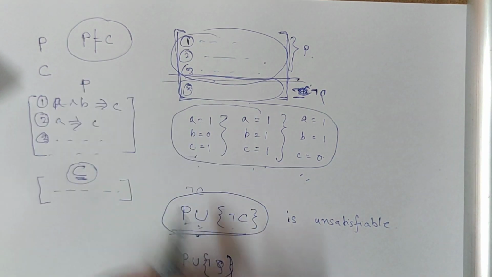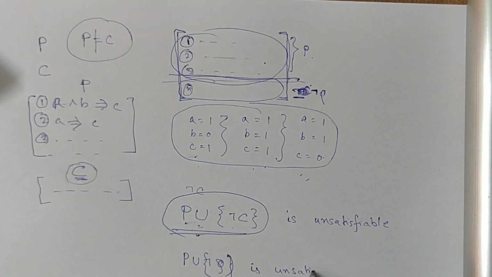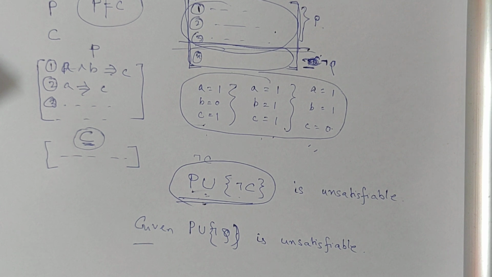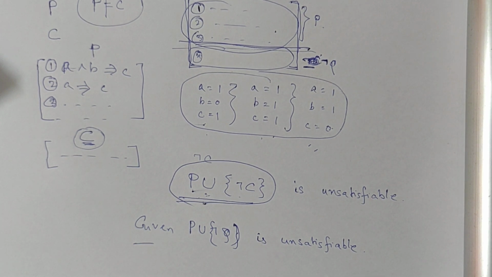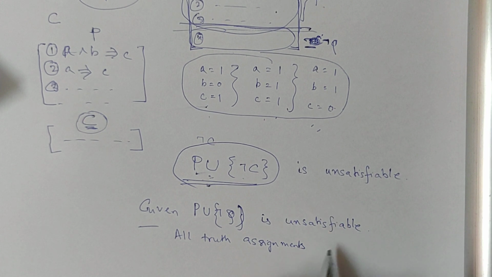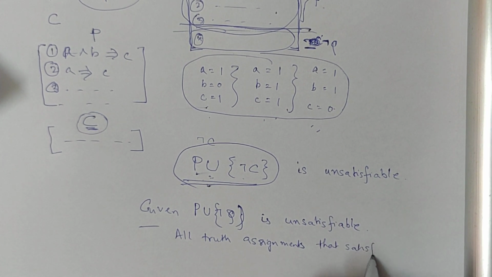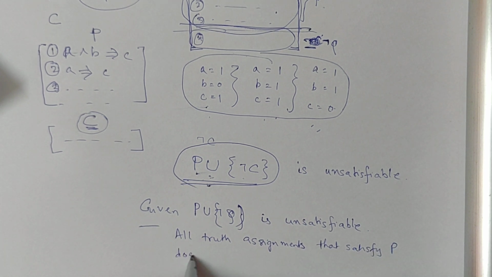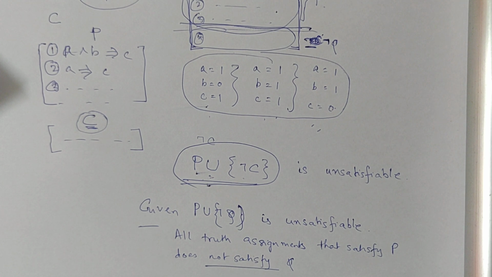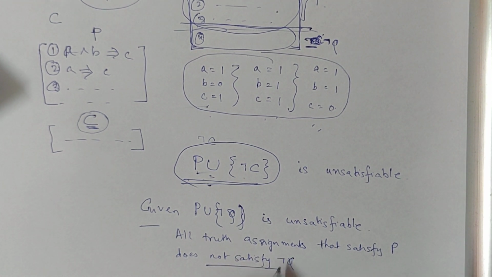This information is given to you. If P union not Q is unsatisfiable, this means that all truth assignments that satisfy P do not satisfy not Q. This is because P union not Q is unsatisfiable. Am I right?